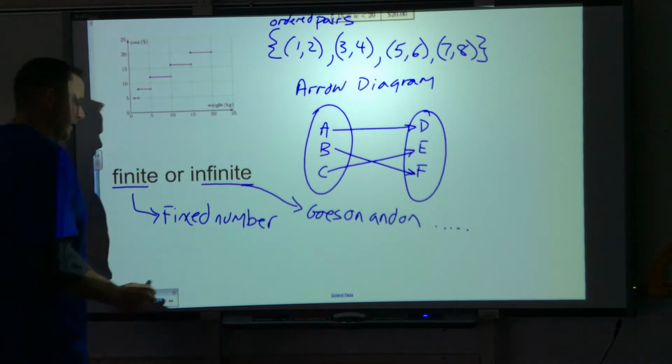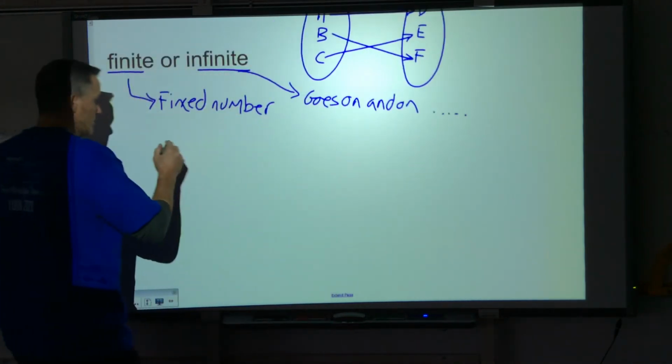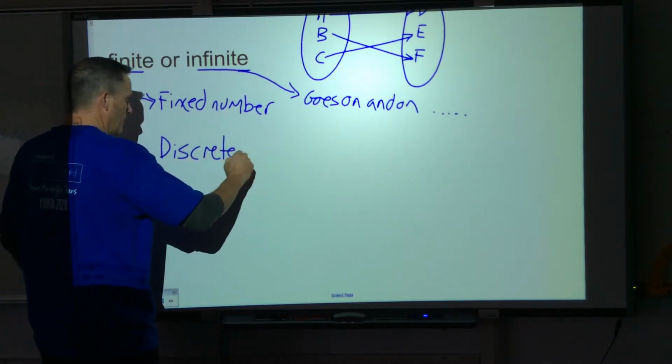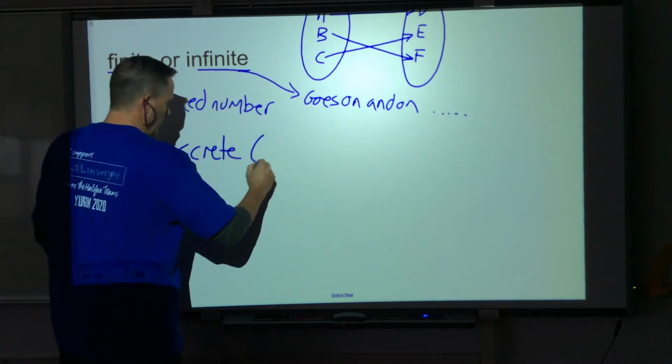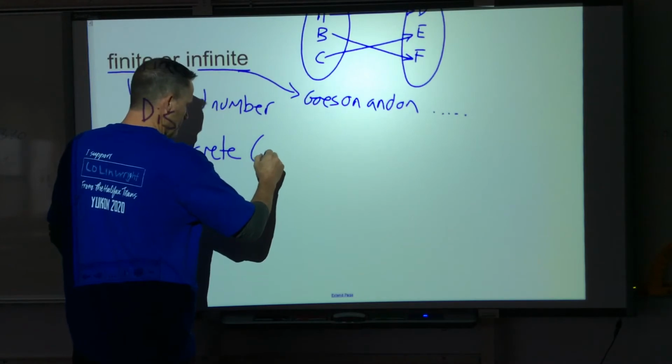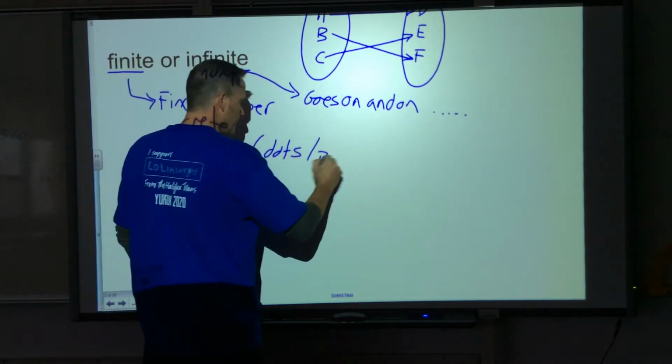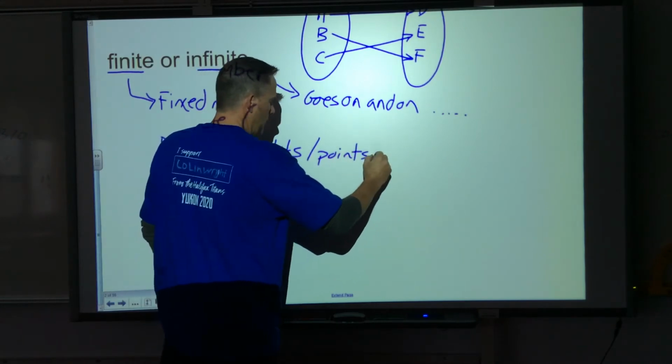We also will have what's called discrete, which is going to be dots, points, when graphed.